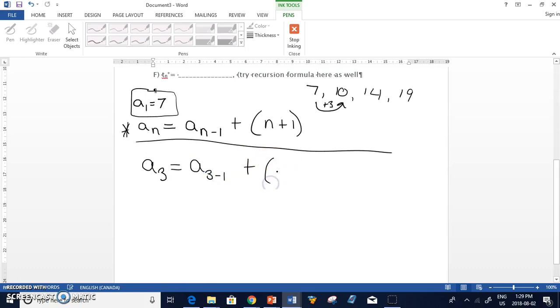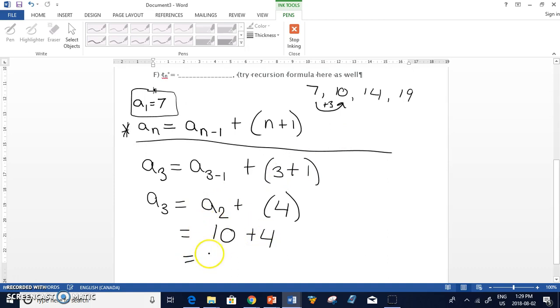For each line, n will be the same. So in this case, n is 3, so 3 plus 1. a3 equals a3 minus 1, which is a2, plus 3 plus 1, which of course is 4. Now we can substitute our value. What was a2? The previous value was 10, and 10 plus 4 equals 14.